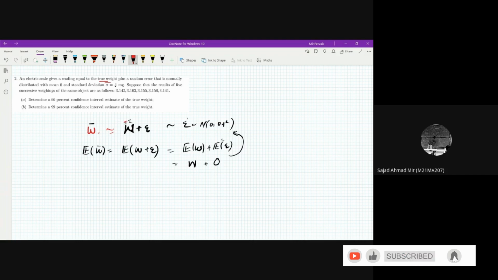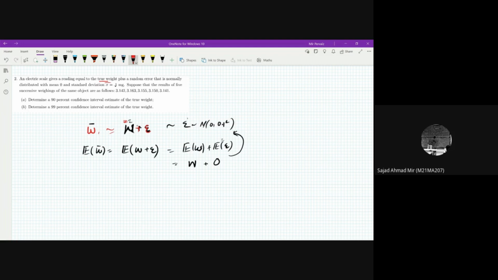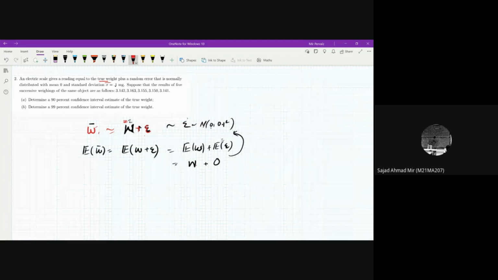The weight was just a constant quantity, then we add some noise, and it becomes a random variable. Earlier the expected value of epsilon was 0, and the variance will remain the same as that of the error distribution.